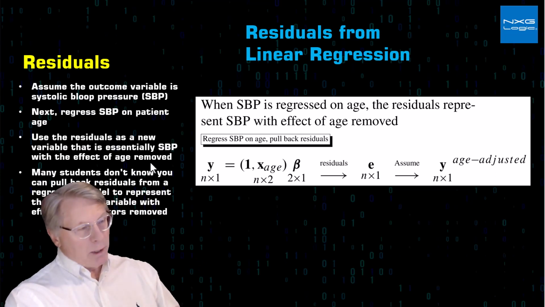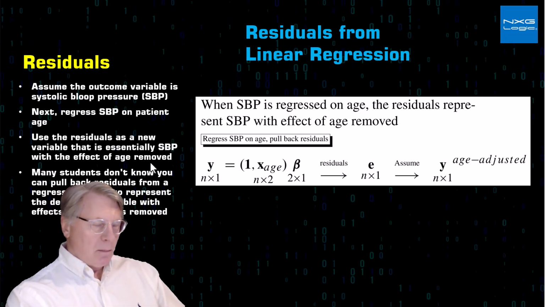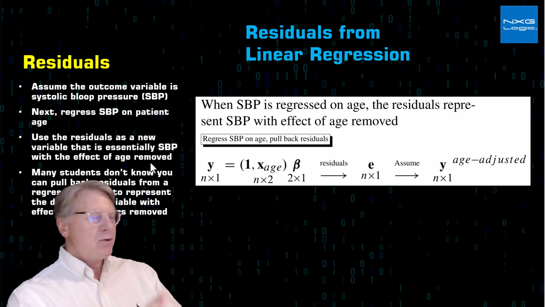You'd also want to go through the predictors used in a scenario like that and determine which ones are significant, and then likely come back as a second regression and use the significant predictors. Many students don't know that you can regress on predictors and then, what I call, pull back the residuals or estimate the residuals, and then use those residuals in future analysis.